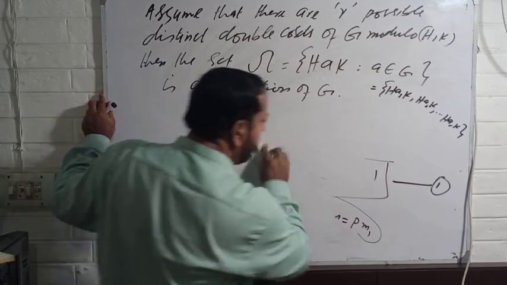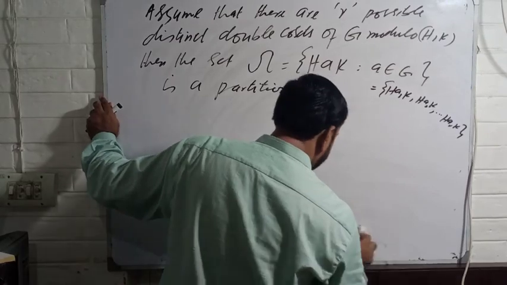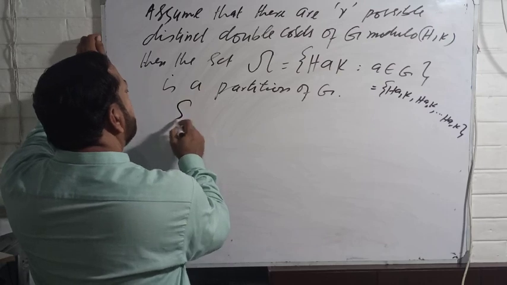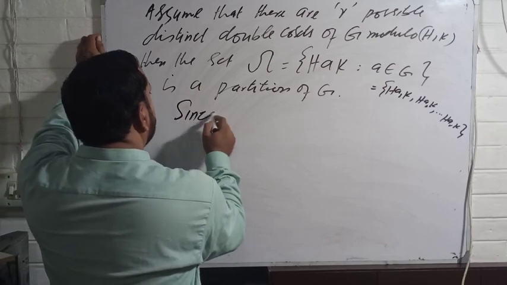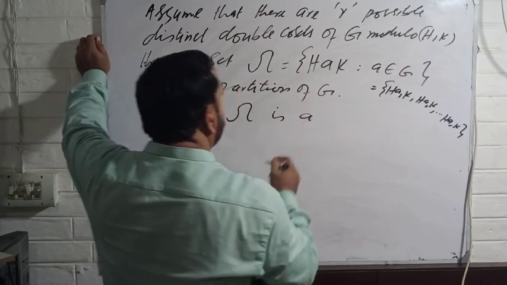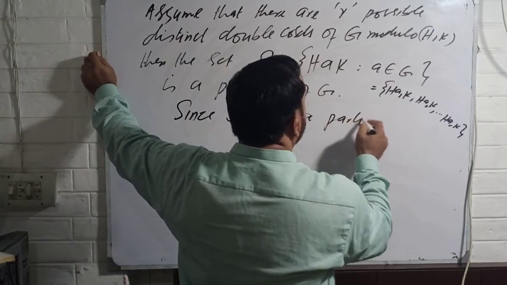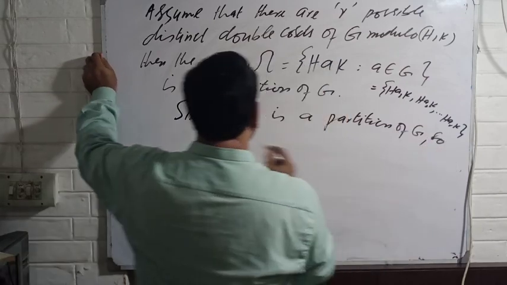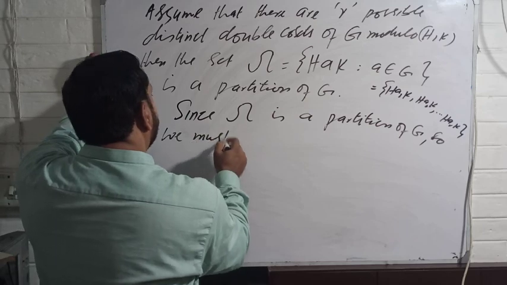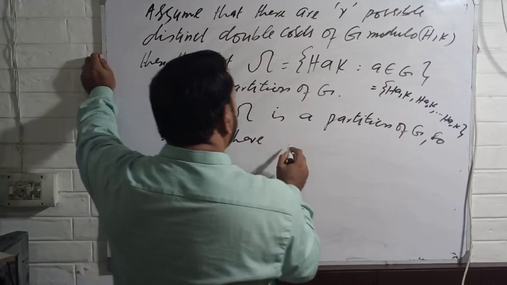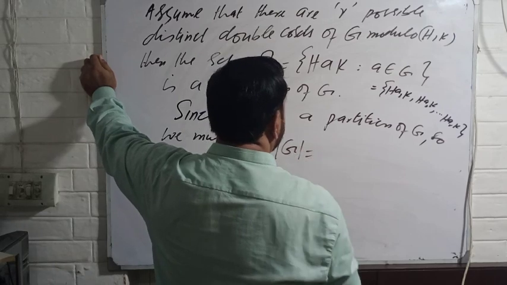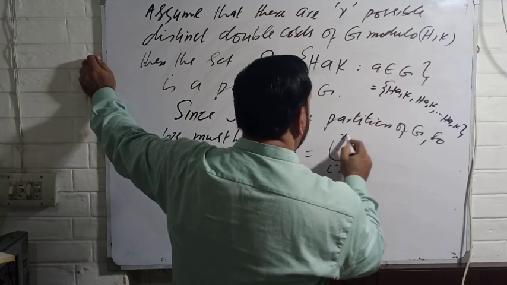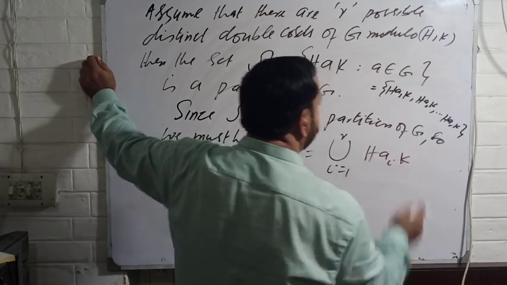or you can use the word partition, since omega is a partition of G, so we must have G is equal to the union, I varies from 1 to r, of HAiK.